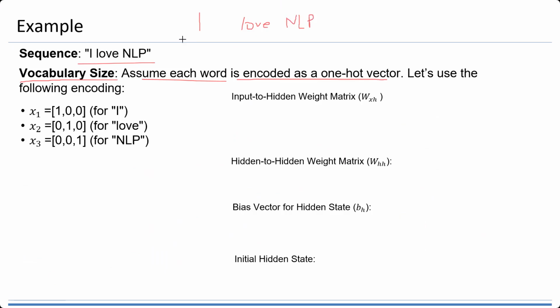Let's suppose we have 1, 0, 0 for x1. So in this x1, I want to consider only the word I. In x2, I have 0, 1, 0. So I want to focus on the word love. And then in x3, let's suppose I have 0, 0, 1. So I'm going to focus on the word NLP. Then we can have x1, x2, and x3.